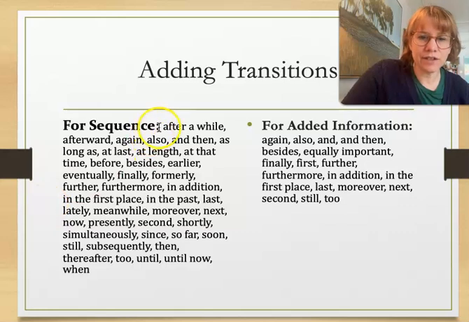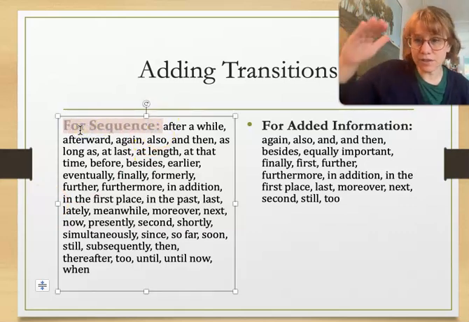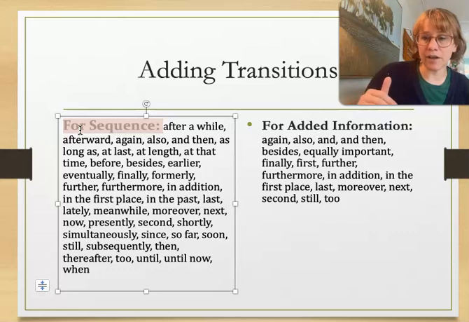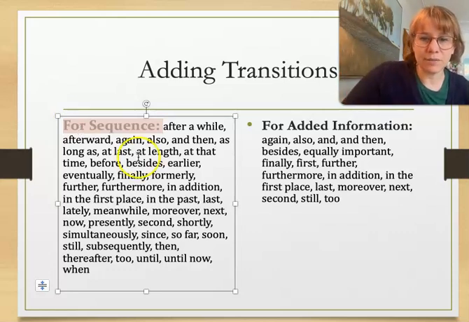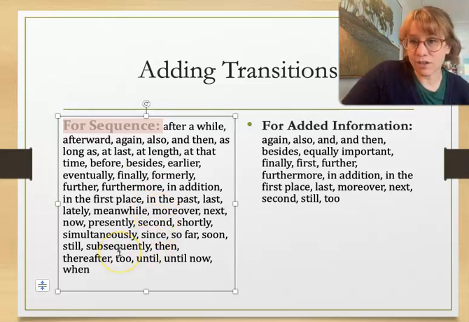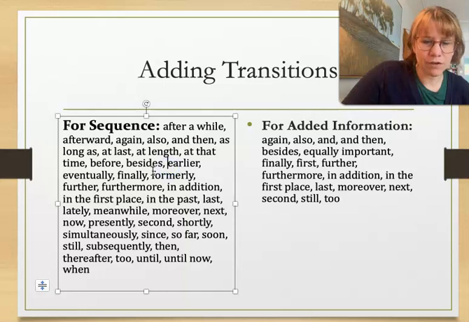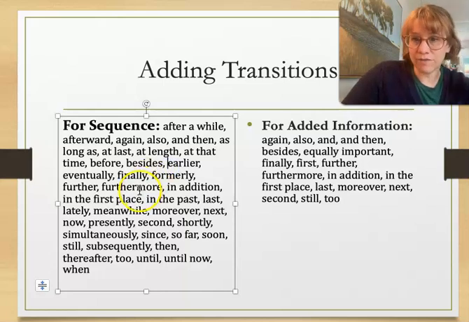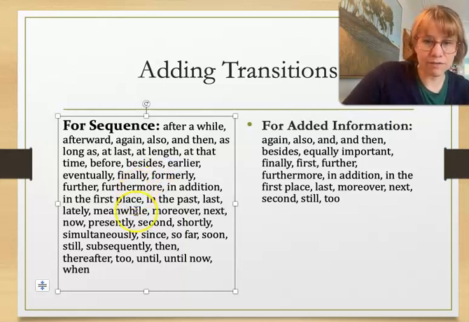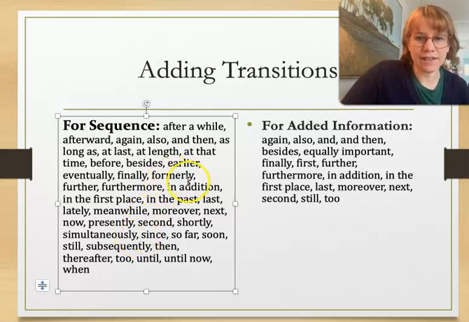Some other ones, so you might also use transitions for sequence. So if your argument kind of is following a pattern, you know, 1, 2, 3, 4 points, you might also use these at the start of a paragraph, or you might show how one paragraph is connected to the last paragraph, or if you're just adding another example again, you might say furthermore, in addition.